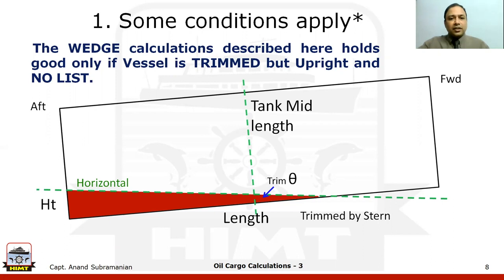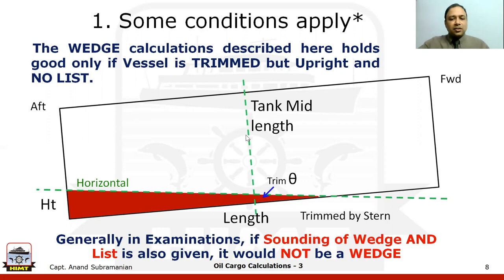So the requirement for our calculations in the examination is that the vessel is only trimmed, upright, with zero list, no list at all. In the examination, if a sounding of a wedge and also a list is given, generally it will not be a wedge problem. You can skip the wedge calculations and use the normal calculations to find the GOV, TOV, and the volume of the free water, and continue with your calculations.